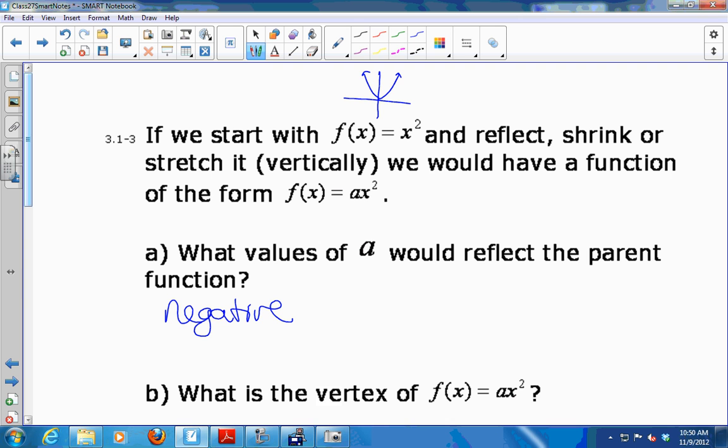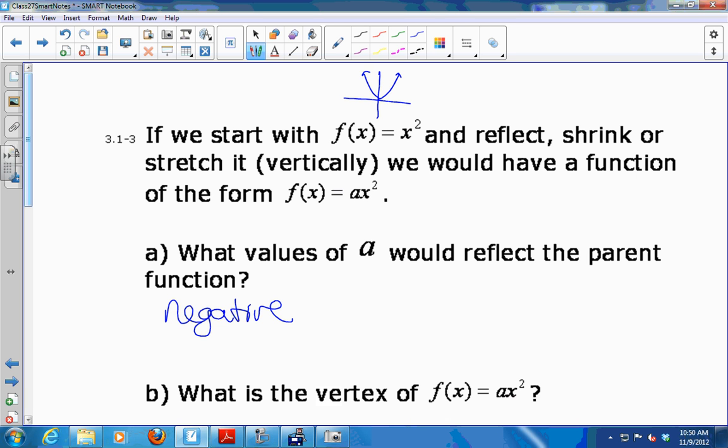And what value of a would cause a vertical stretch? What kinds of a values? Multiplied by what kind of number? Anything bigger than 1, good.